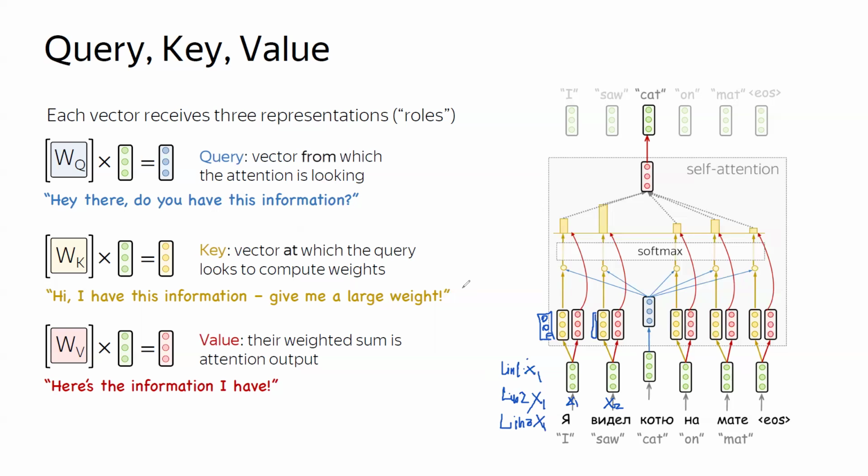But for now, let's refer to these embeddings as blue, yellow, and red. It's easier, for me at least. Then we'll understand why they're called query, key and value. So this is the first step. We create three embeddings for every input embedding.